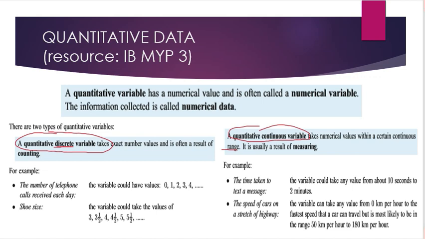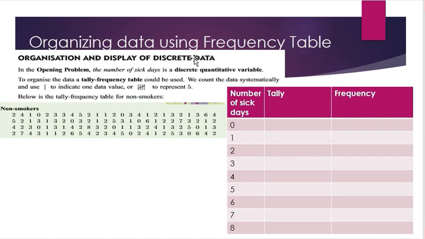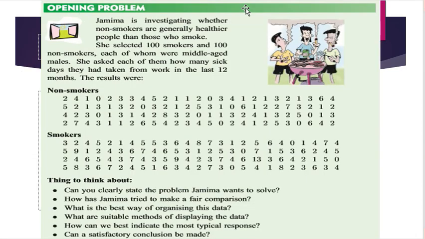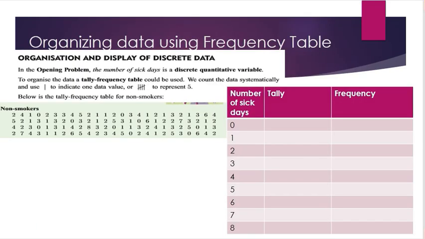Let's try to have some examples. Let us now organize data using a frequency table. In the opening problem earlier, Jemima investigated non-smokers and smokers, whether there's a significant difference in who is healthier.